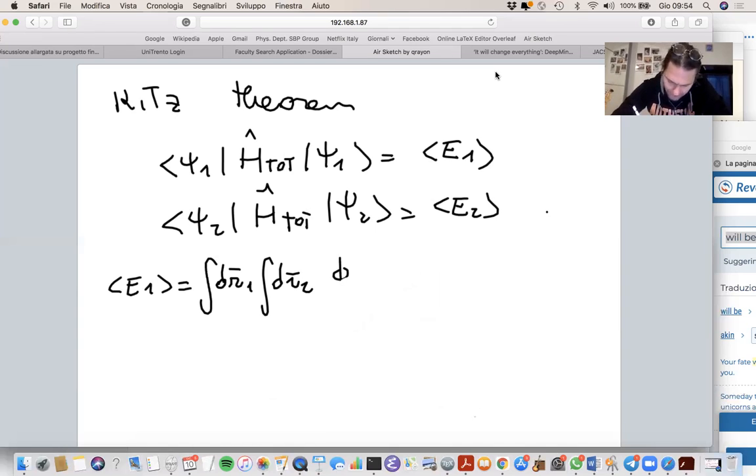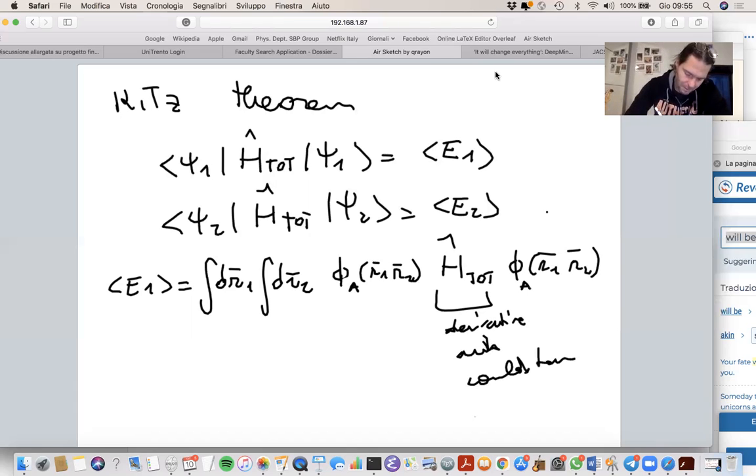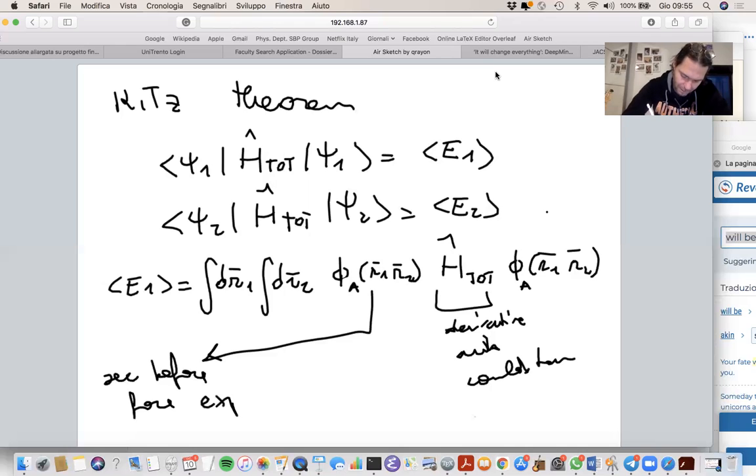I think it was the antisymmetric of R1, R2, right? I would take H tot and multiply by phi of R1, R2 antisymmetric. Now, this will involve a bunch of derivatives and Coulomb terms, and this will be given for explicit definition.